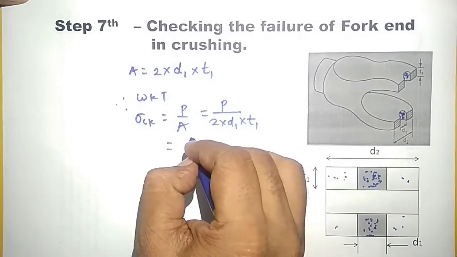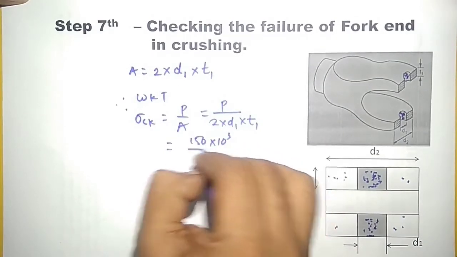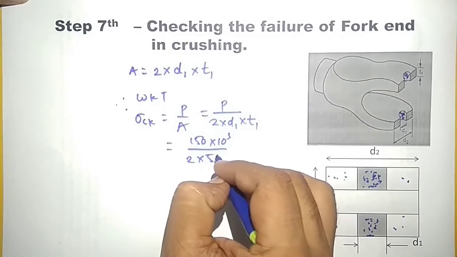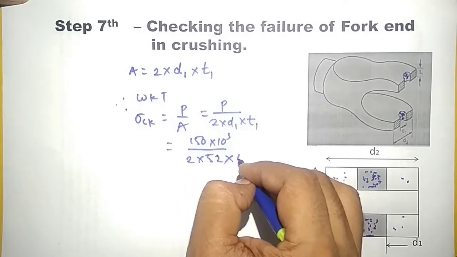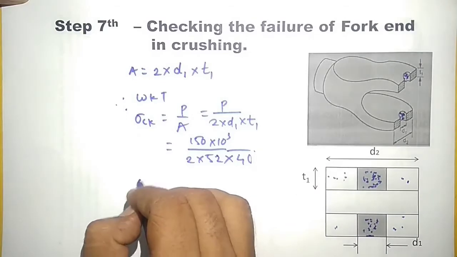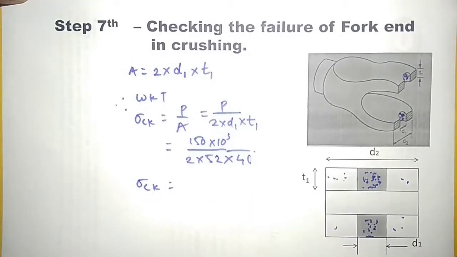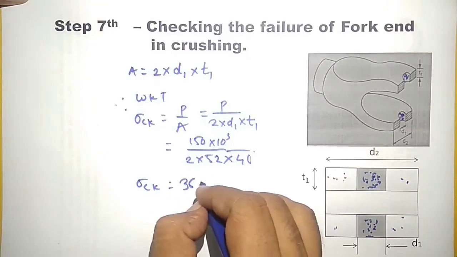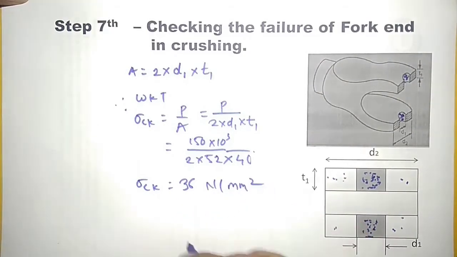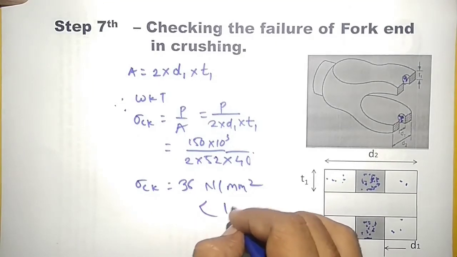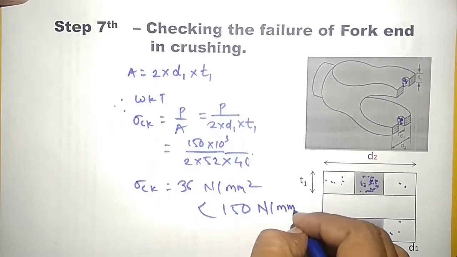Put the values: 150 into 10 raised to power 3, over 2 into 52 into T1 which is 40. The crushing stress comes to 36 Newton per mm square, which is less than 150 Newton per mm square.